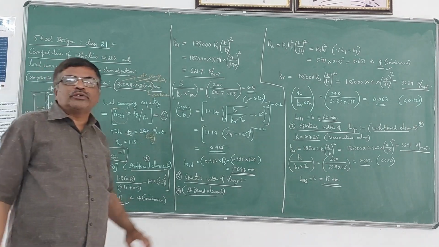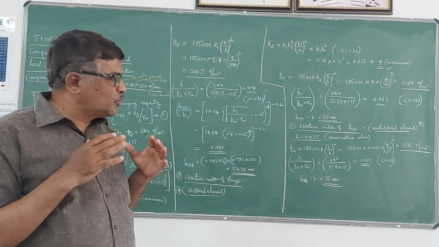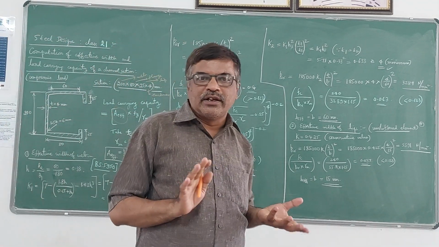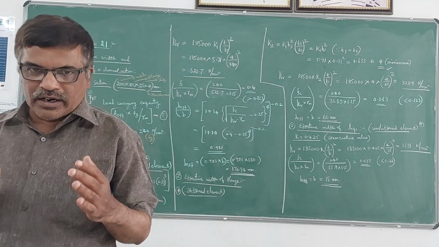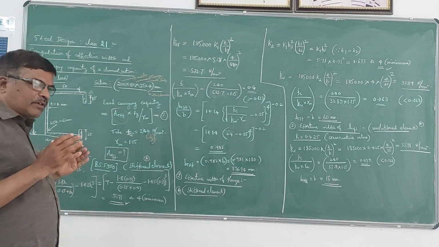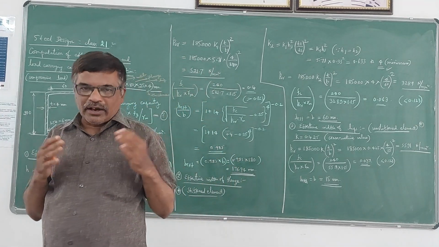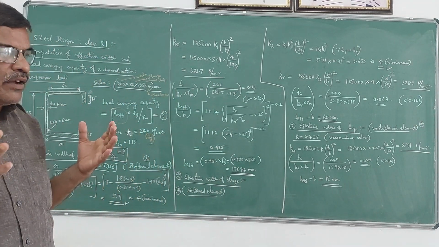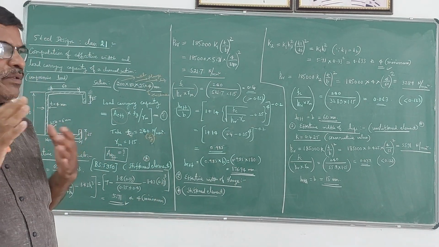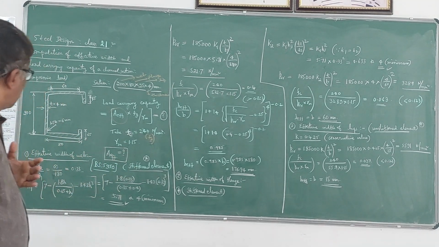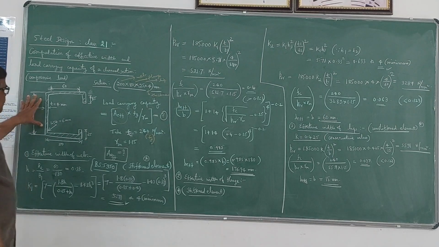We have to compute the effective width for all those three elements. Once again, effective width depends on the type of the element, whether it is a stiffened element or an unstiffened element, and the value of local buckling coefficient K we have to calculate based on that. Now first I will take up the web portion.